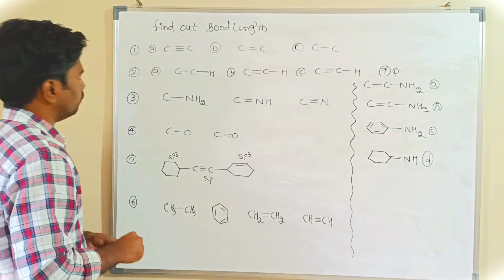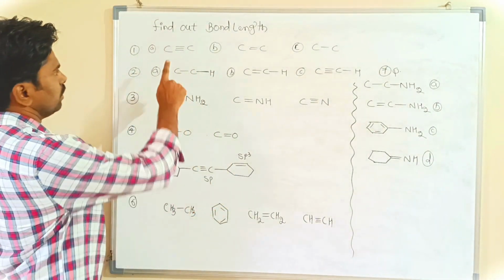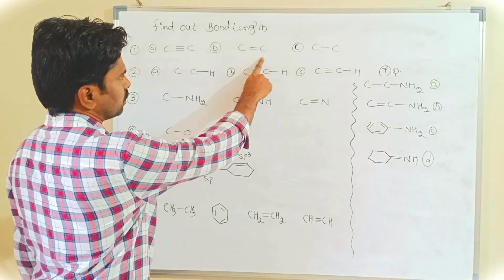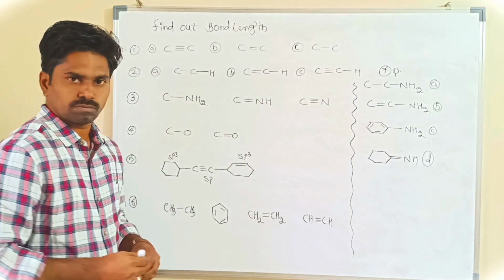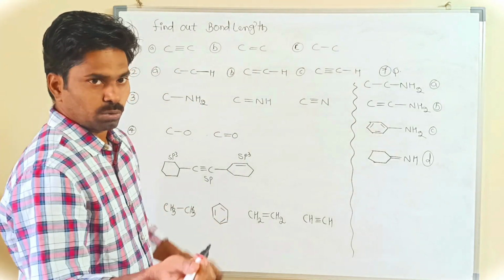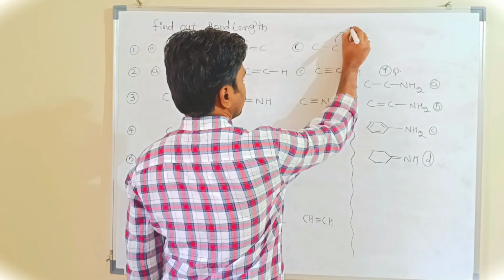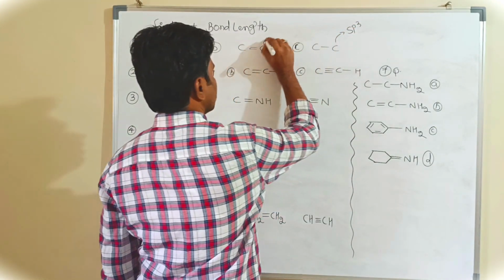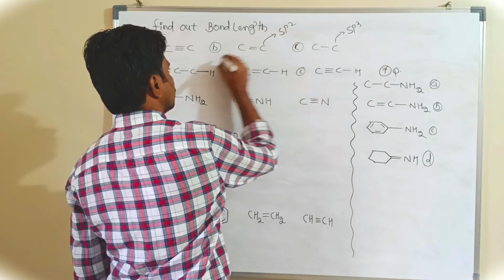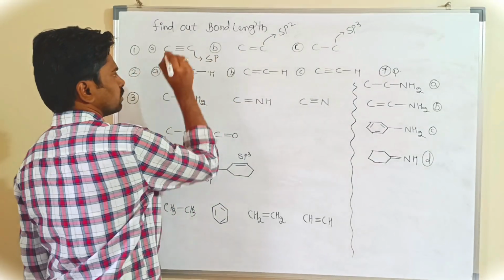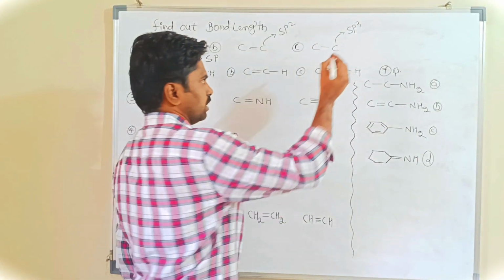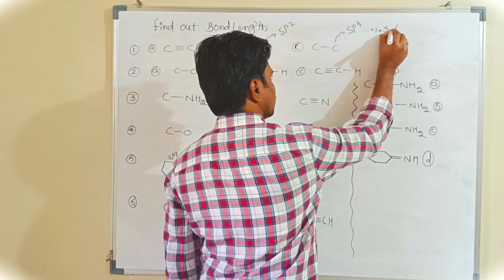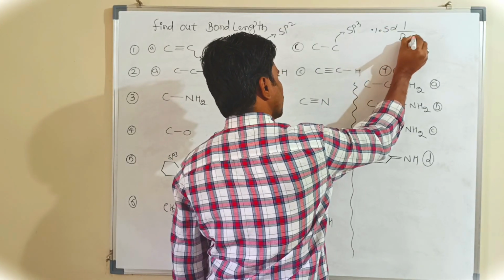Okay, right. So let us see. There is a carbon-carbon triple bond, a double bond, and a single bond. We know very well that for a single bond we mention sp3 hybridization, for a double bond sp2, and for a triple bond sp hybridization. The concept is that the percentage of s character is inversely proportional to the bond length.